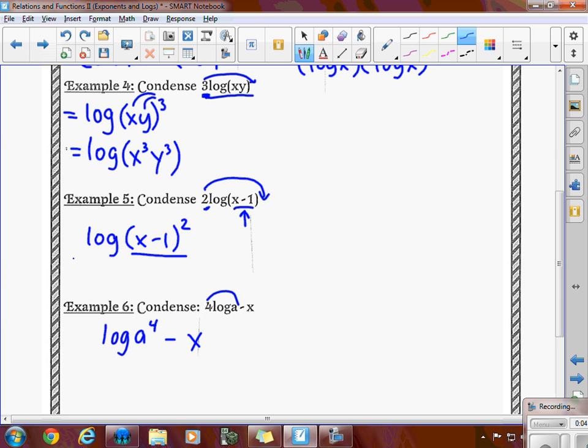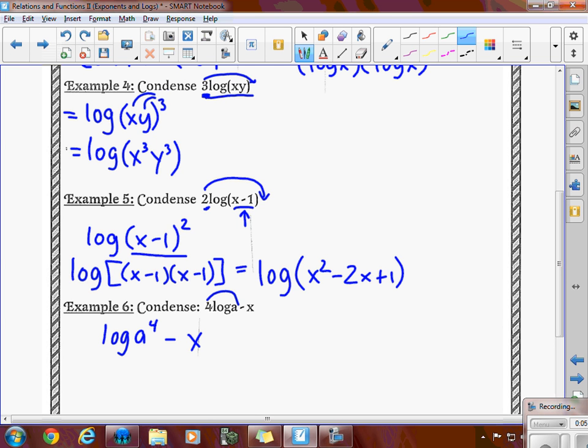The other solution would be to say I know that x minus 1 all squared is really x minus 1 times x minus 1, so I could take care of that exponent and say it's log of x squared minus 2x plus 1, foiling those two things out. In example 6, there's nothing I can do but leave it as it sits.